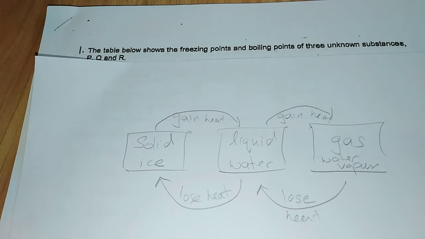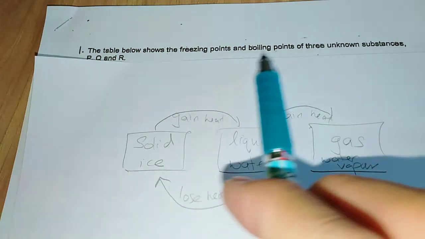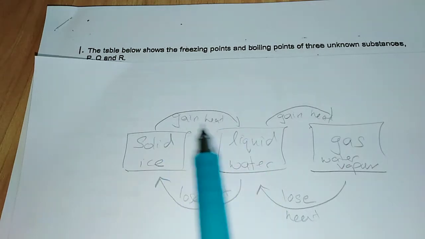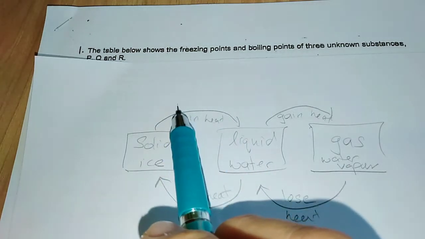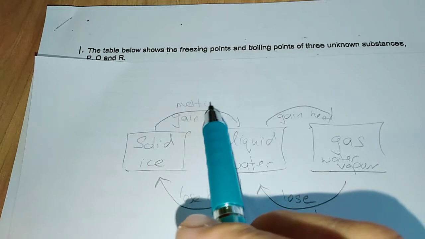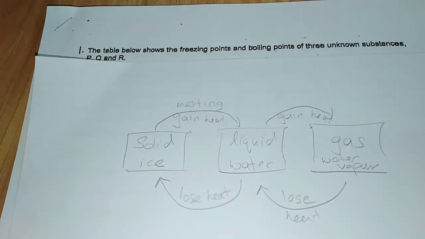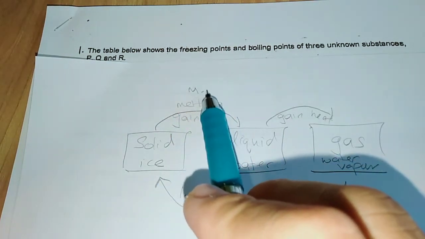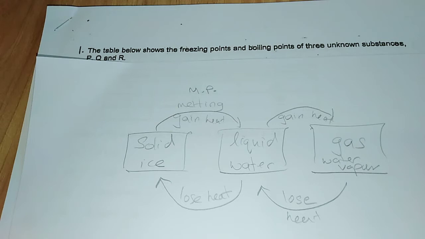Now, just a bit more to fill out this diagram. There are certain things to talk about earlier on, freezing points, boiling points, and all that. So this process from solid becoming liquid is known as melting. And this melting happens at a specific temperature that is called a melting point. So melting point, I put MP, and this melting point will be different for different substances.